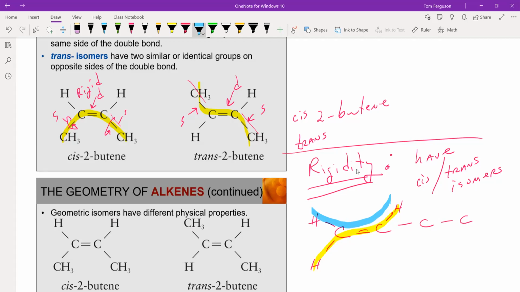That's the same thing. So when the double bond is on the end, there are no geometric isomers.